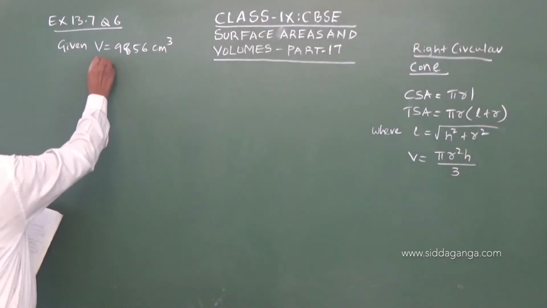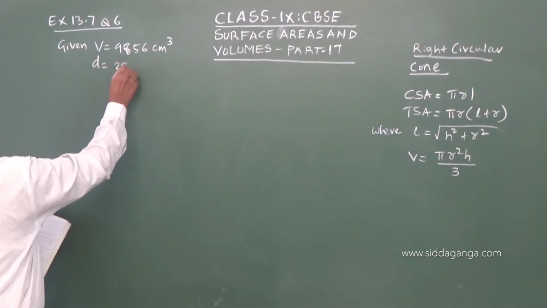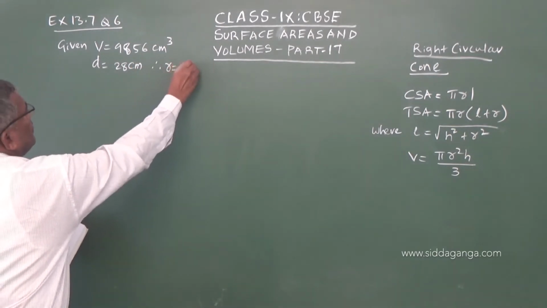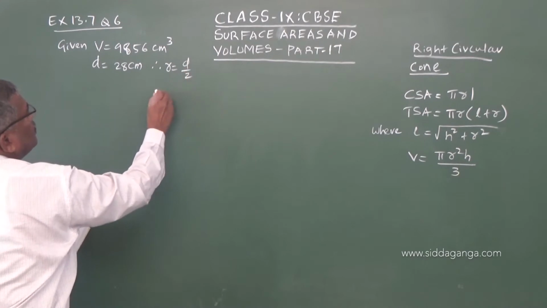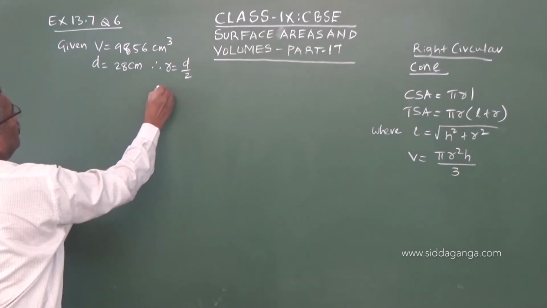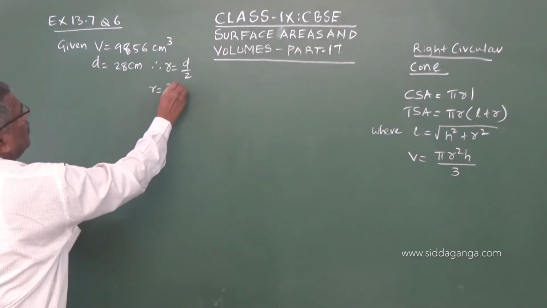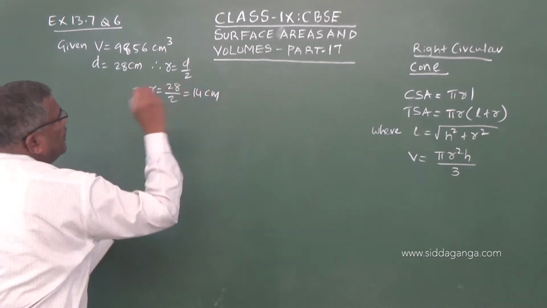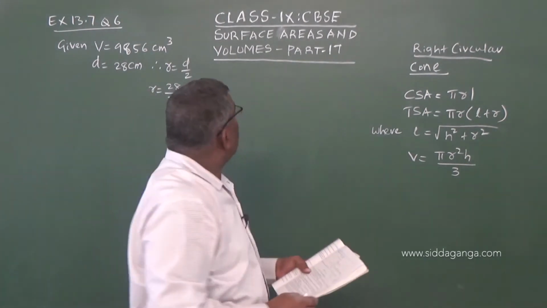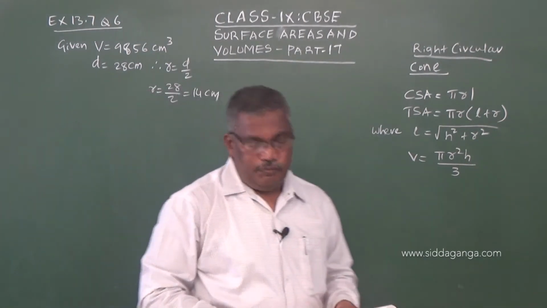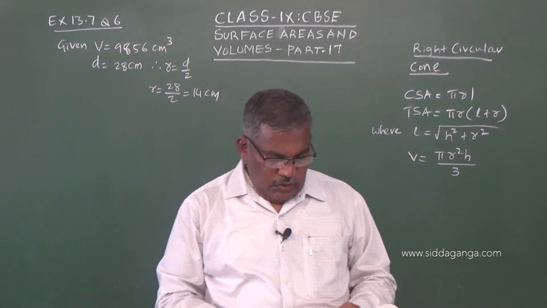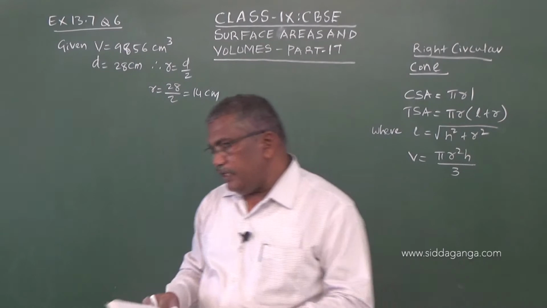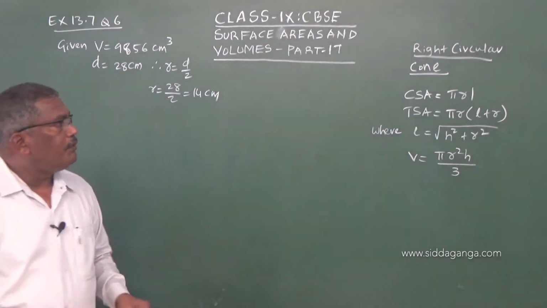Therefore you calculate the radius as d by 2. So r will be equal to 28 by 2, which is 14 centimeter. So we know the radius and we know the volume. Three things we have to find out. First one is the height of the cone.